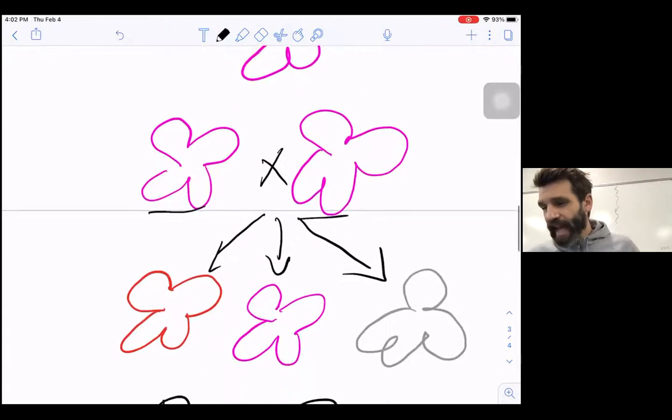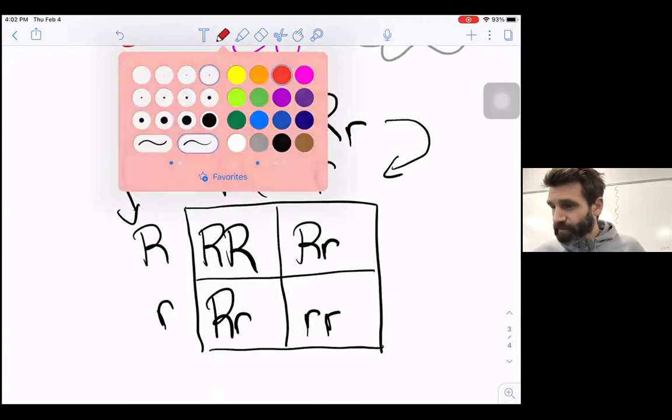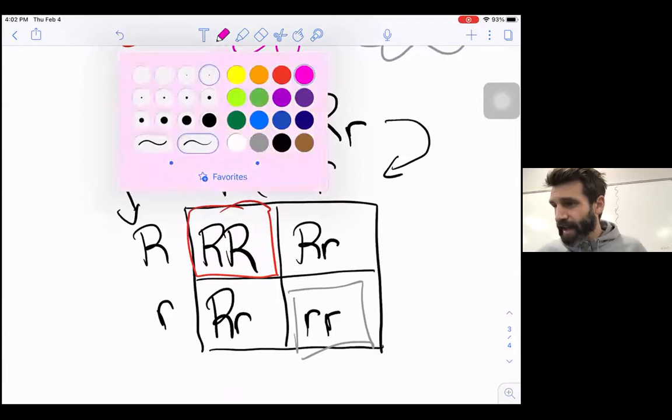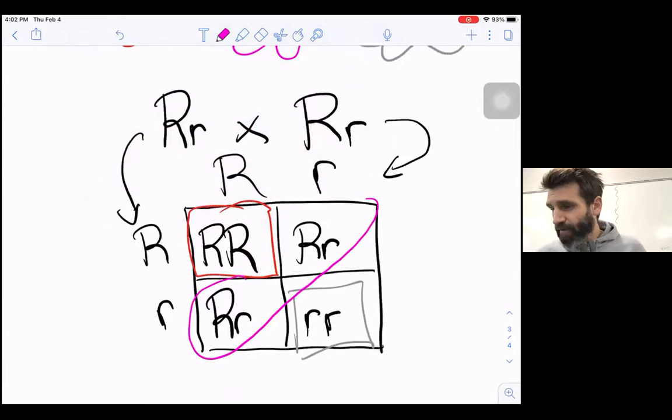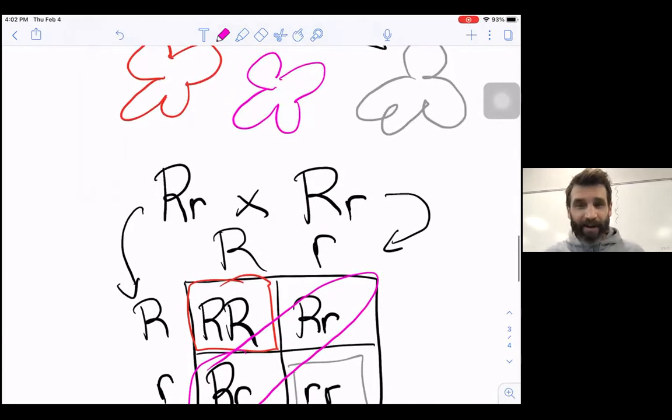So this is exactly what they got here: red flowers, white flowers, and half of the flowers were likely to be pink. So they got all 3 colors back from there. So this is the only difference in incomplete dominance versus complete dominance, what we saw before.